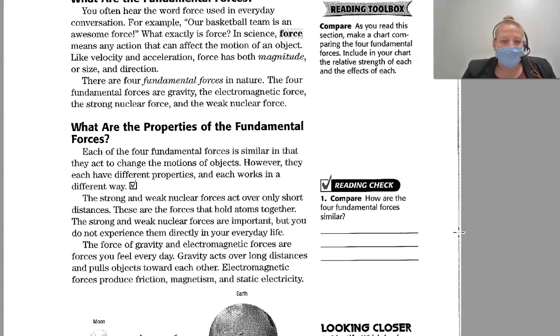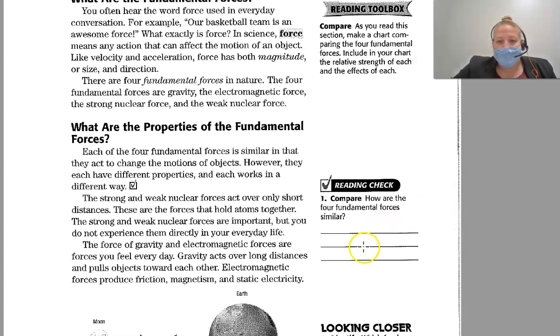The strong and weak nuclear forces are important, but you do not experience them directly in your everyday life. The force of gravity and electromagnetic forces are forces you feel every day. Gravity acts over long distances and pulls objects towards each other. Electromagnetic forces produce friction, magnetism, and static electricity.